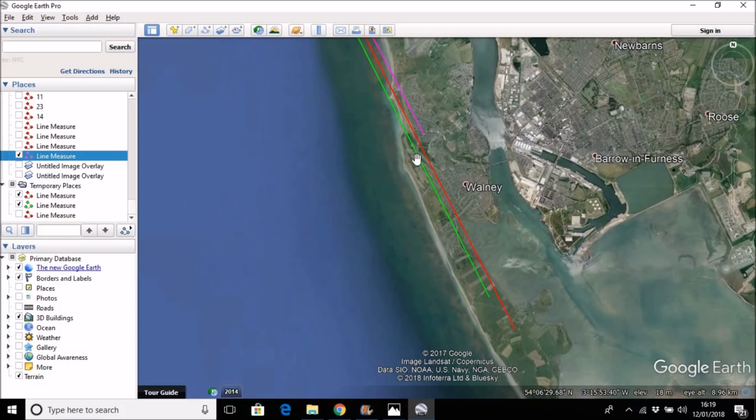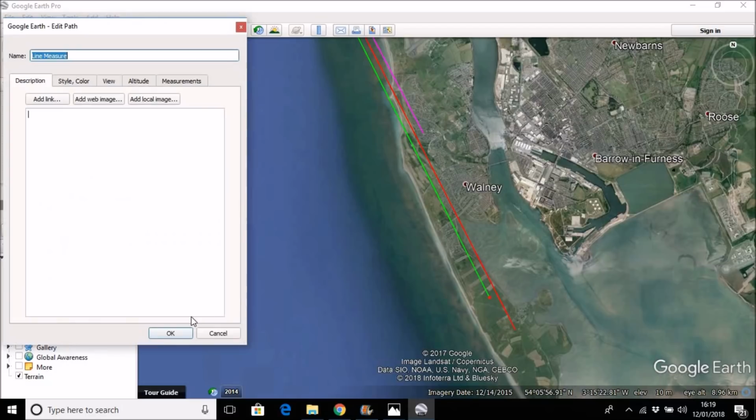We have 17, 18, 19 meters of elevation. I'm just going to shorten one of these lines to give us an accurate measurement of distance. So this is a 21-meter elevation point, which is pretty high. Okay, 21 meters it says on the bottom of the screen there, and the distance to our observation point is 47.9, so we'll call it 48 kilometers.